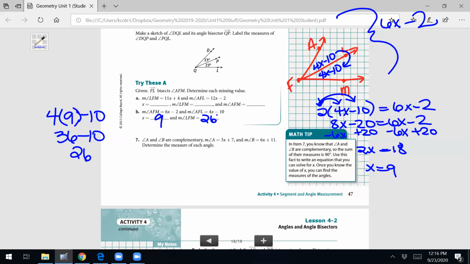Number 7 talks about complementary. What do we know about complementary angles? They add up to be 90 degrees. So what are you going to do to find each measure? Add them and do what with them?